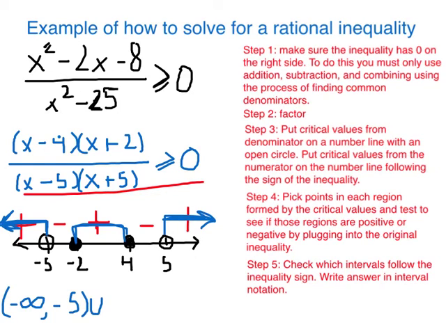Then we have from negative 2 to 4. We can be equal to those values, so it's a bracket. And then our last interval would be 5 to infinity, not including 5 because it's open. And then there is our final solution to the rational inequality in interval notation.